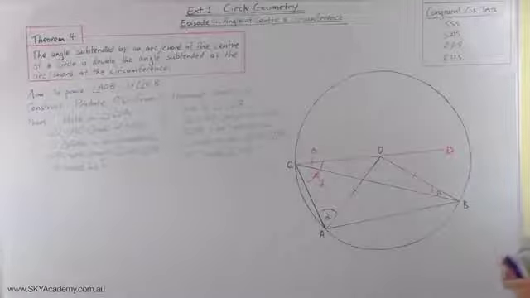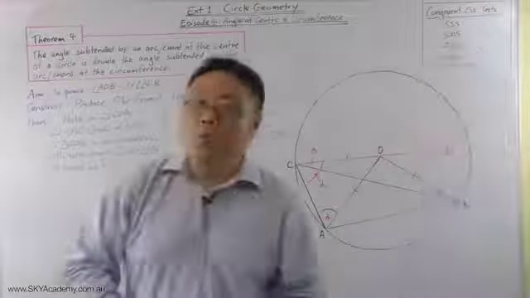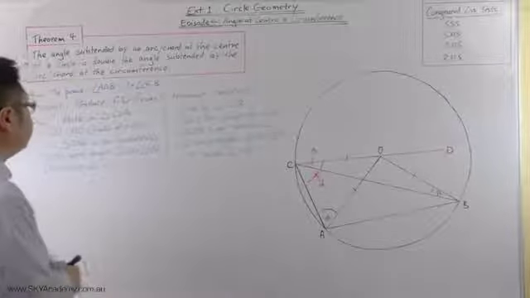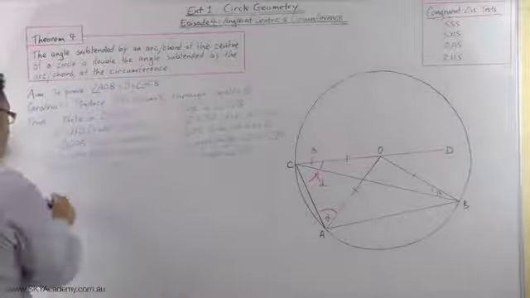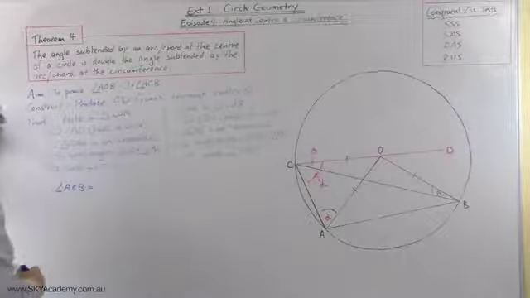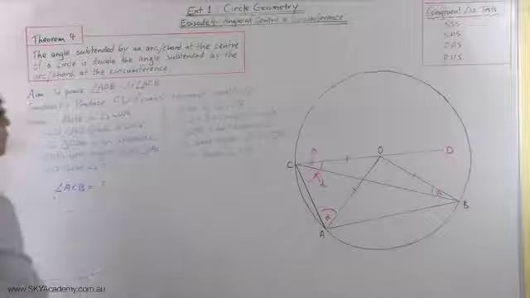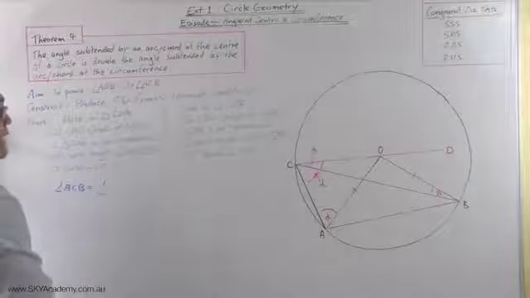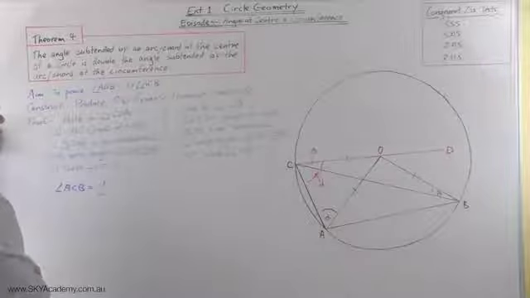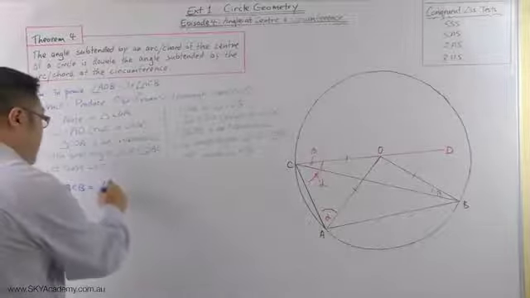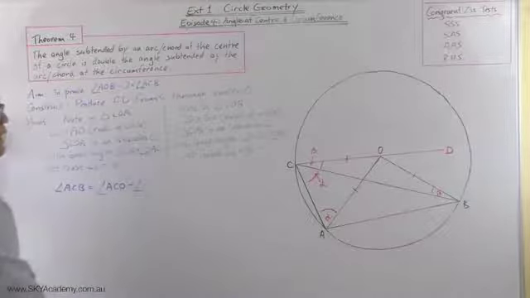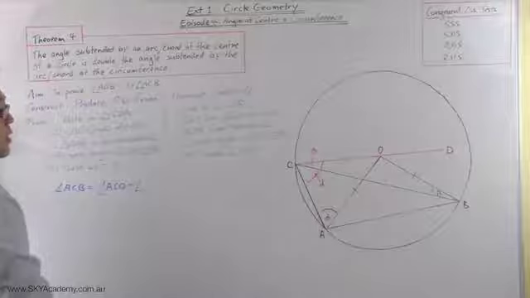Now, here's what I want you to note. We're going to use this information to find our two angles. So let's start with this one here, ACB. Angle ACB is actually going to be equal to angle ACO minus angle OCB.